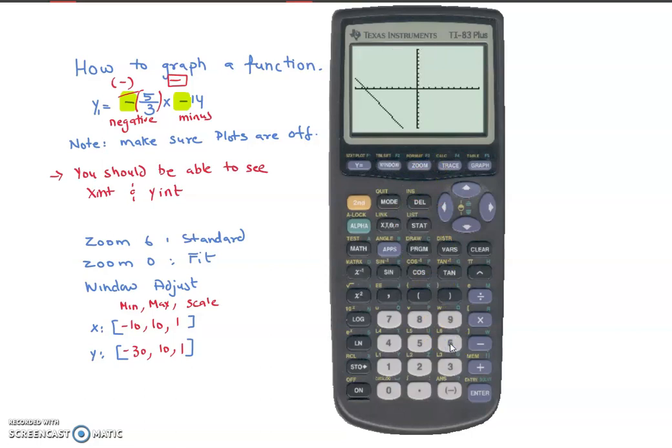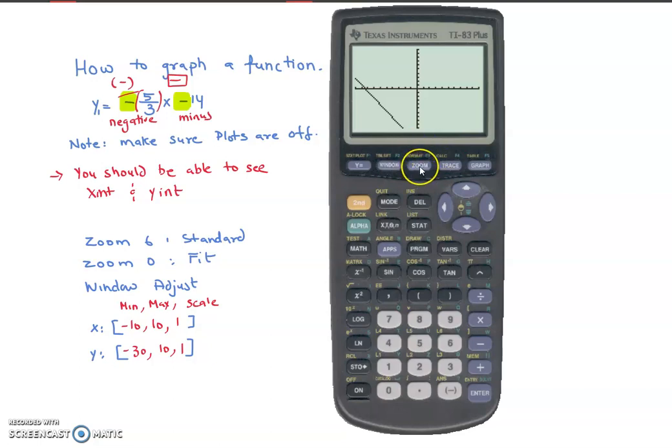Sometimes you'll see part of your graph, none of your graph, or some part of a starting point. Now, I could take this and go straight into my windows because I know where to adjust them here. I need to go to my Y minimum a little bit lower, and I should be okay. But let's say you don't see any part of your graph, then you don't even know where exactly your graph is going.